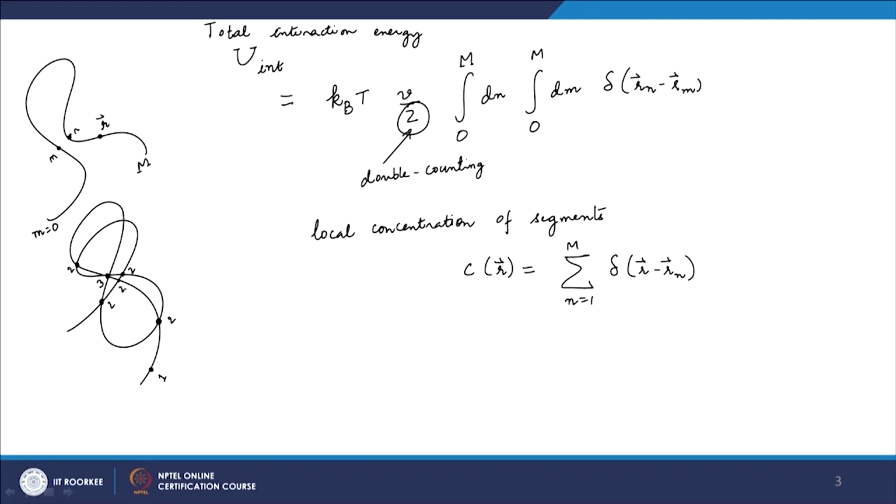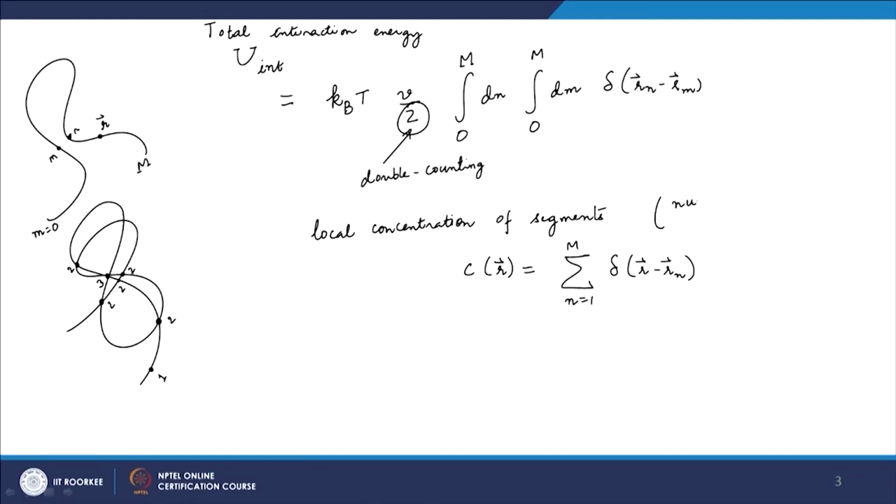Okay. So if more segments are passing through a point, we say the concentration there is higher. Here we think of concentration as the number per unit volume. Every time we count, we increase the number, and the delta function already has a unit of 1 by volume. That is how we get the concentration.